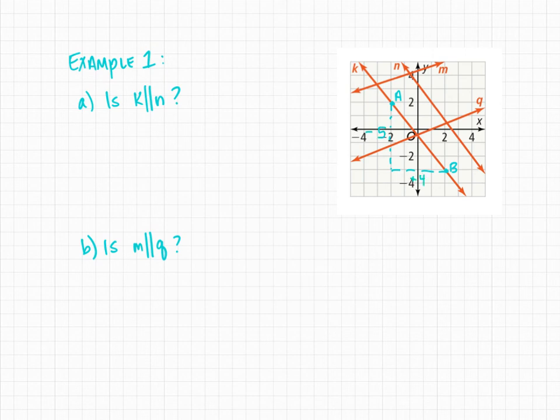So that tells me that the slope of line K, m of K, is equal to down 5 over 4, negative 5/4.